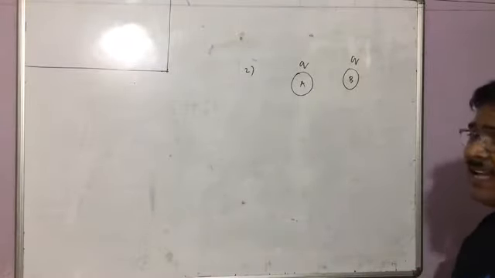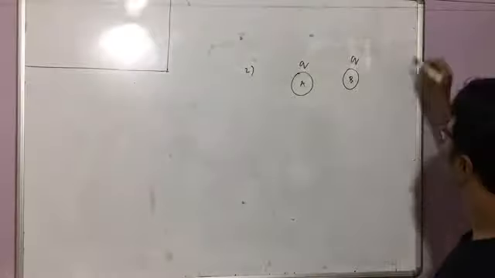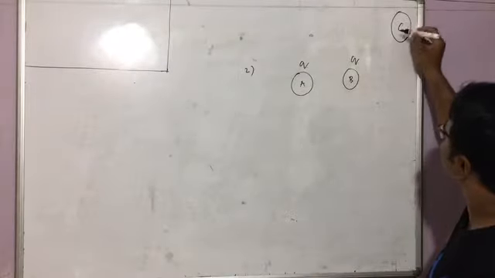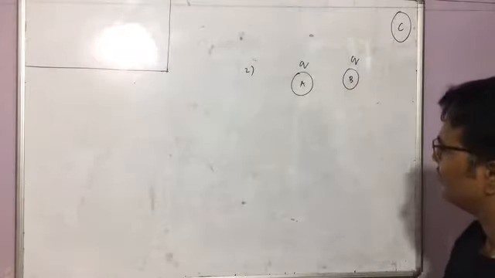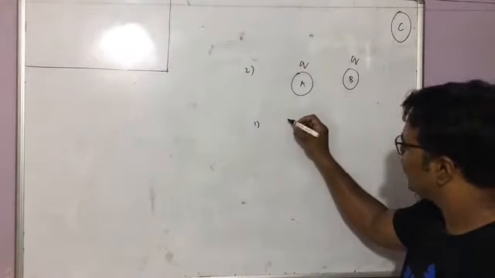Now, what is happening? I am taking another sphere, C. Again, A, B, C, they all are identical. First, what I am doing?